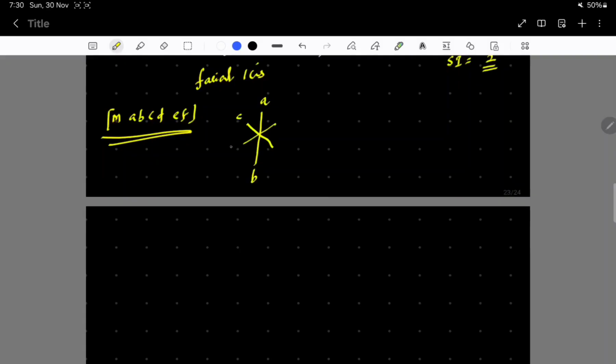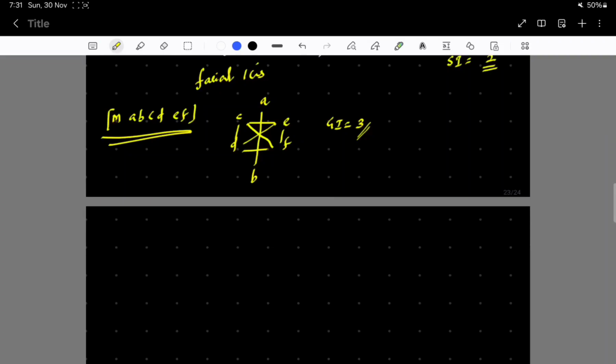The remaining I can arrange, this will be CD and I can arrange EF. Already we know very well, if four different ligands are present in a square, the possible number of geometrical isomers is equal to 3. So here we have 3 geometrical isomers.